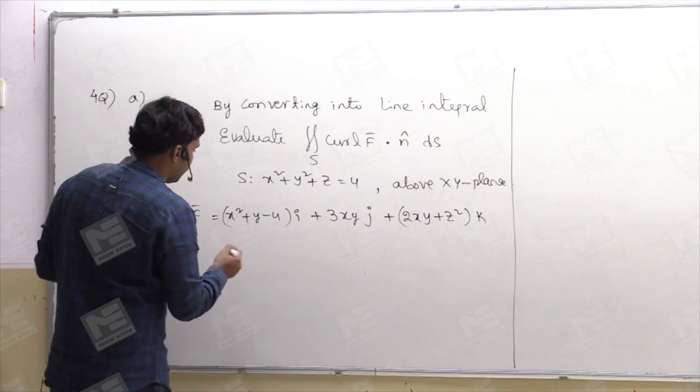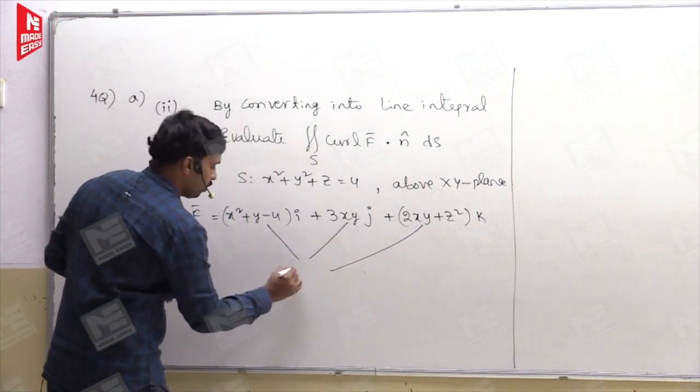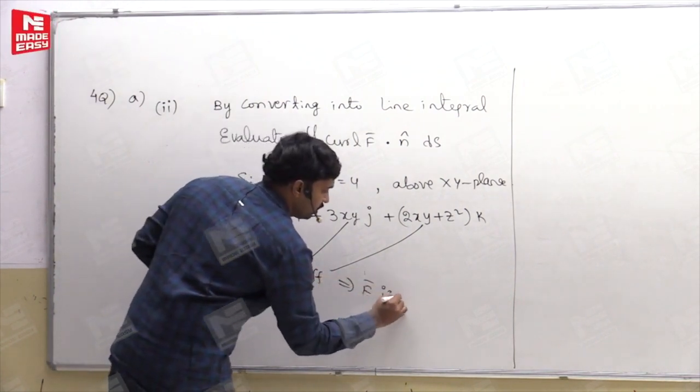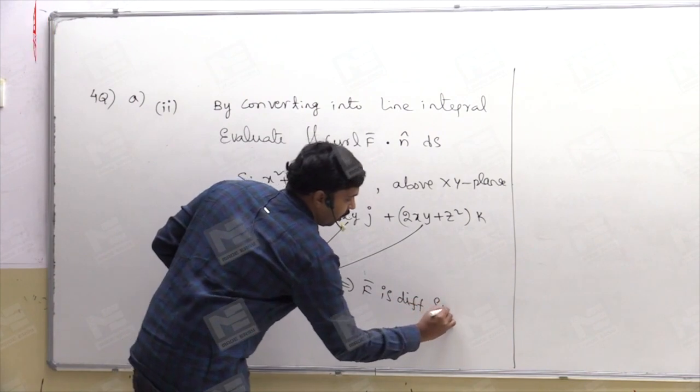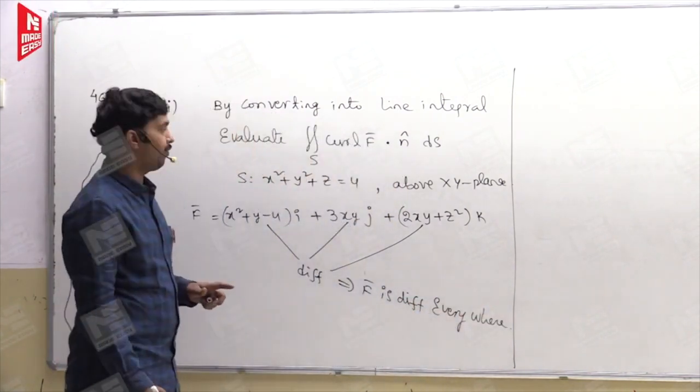And now see here, f bar, this is differentiable, this is differentiable, this is differentiable. So all are differentiable. So this implies that f bar is a differentiable function everywhere.